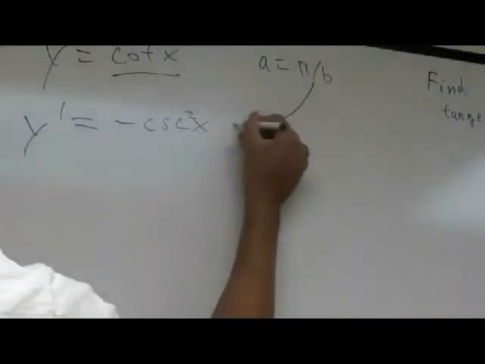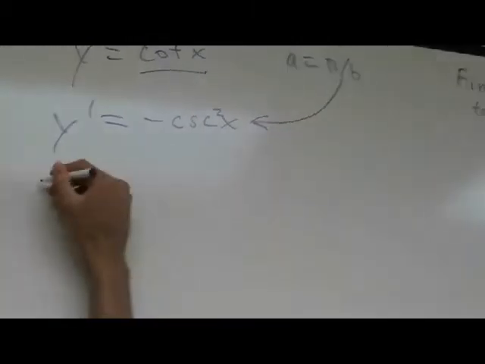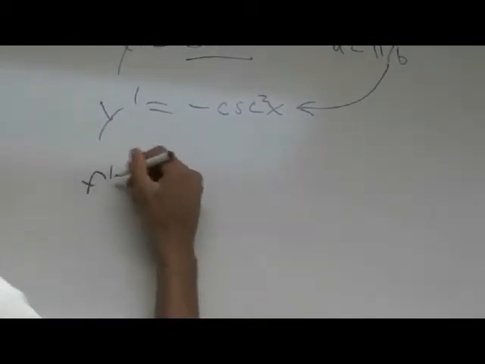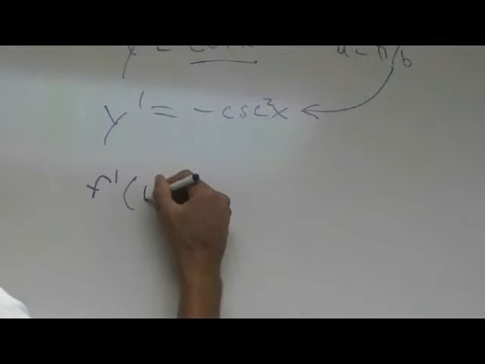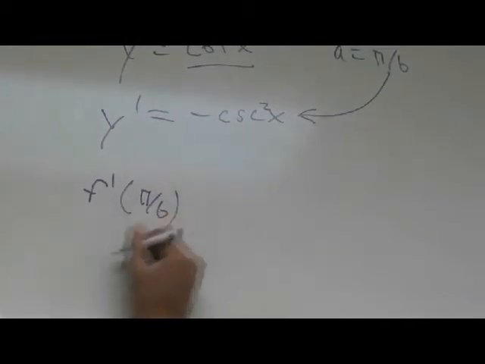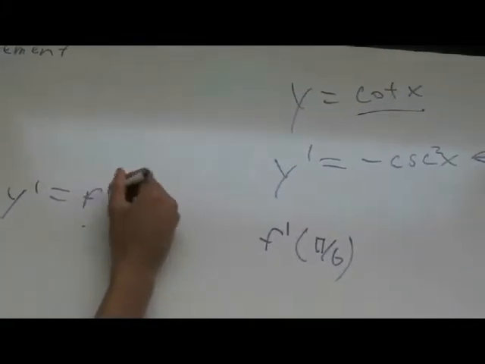And then if we plug this number in for x, we'll write that as f prime of pi over 6. And just as another note, y prime is the same thing as f prime of x. It's all the same thing, it's just a different notation.